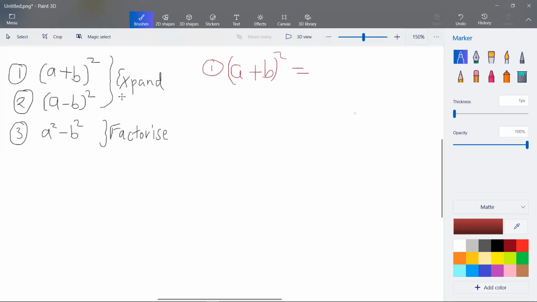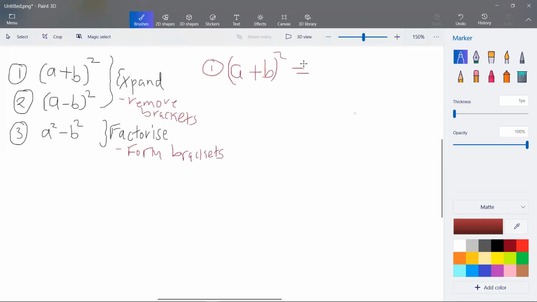Expansion means to remove brackets. While factorization in maths simply means you form brackets, okay? So let me write that right there. To form brackets.